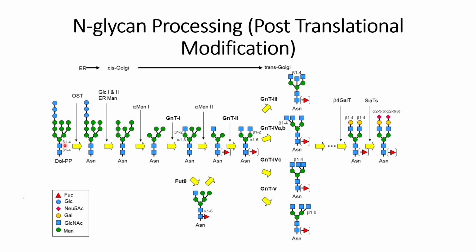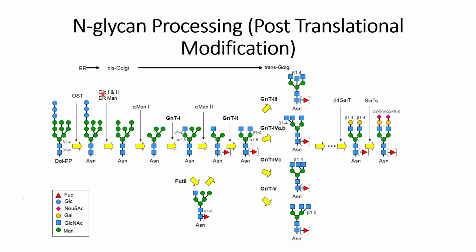So we will start with this dolichol phosphate, the glycan precursor that is formed within the endoplasmic reticulum, which we have already known, and I have covered this many times in our previous videos. After that, with the help of oligosaccharyl transferase, it is attached to the asparagine amino acid of the translating protein within the endoplasmic reticulum.